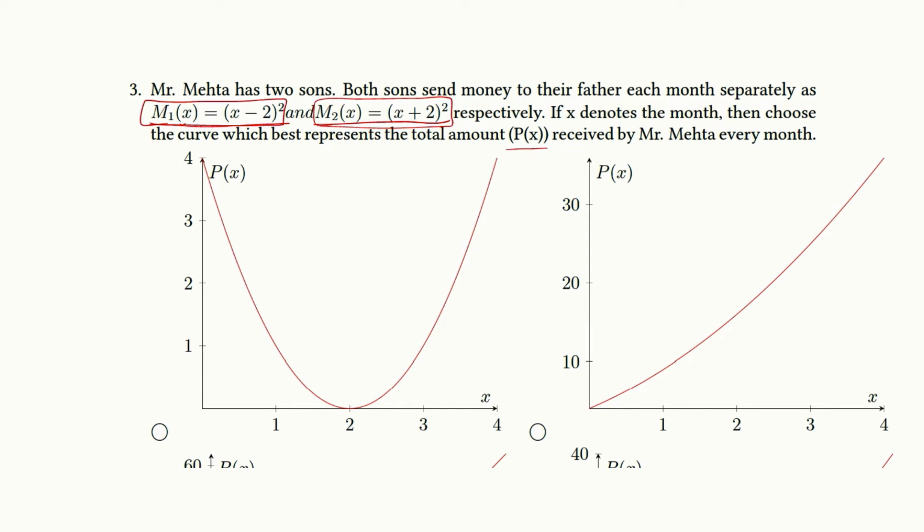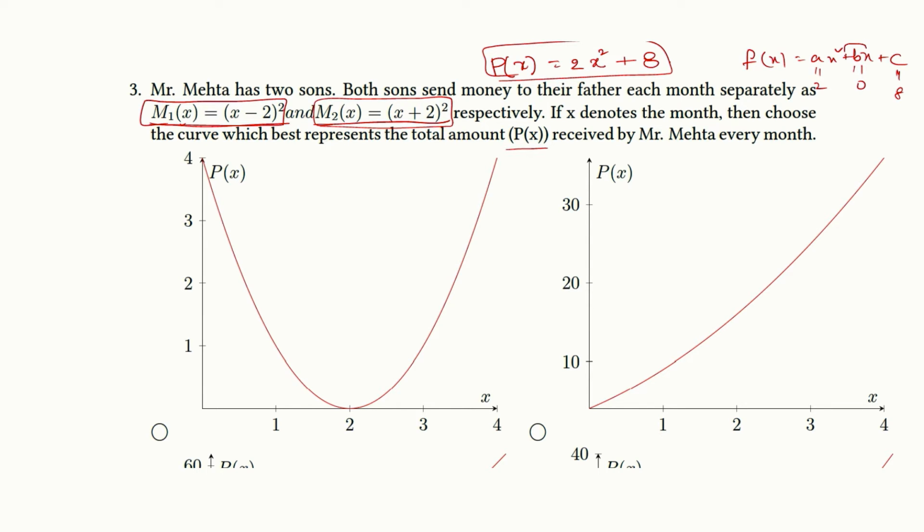Now let's check the options one by one. We have got p of x equal to 2x square plus 8. If I compare it with the general quadratic equation of the form f of x equals ax square plus bx plus c, here the value of b is 0, a is 2 and c is 8.